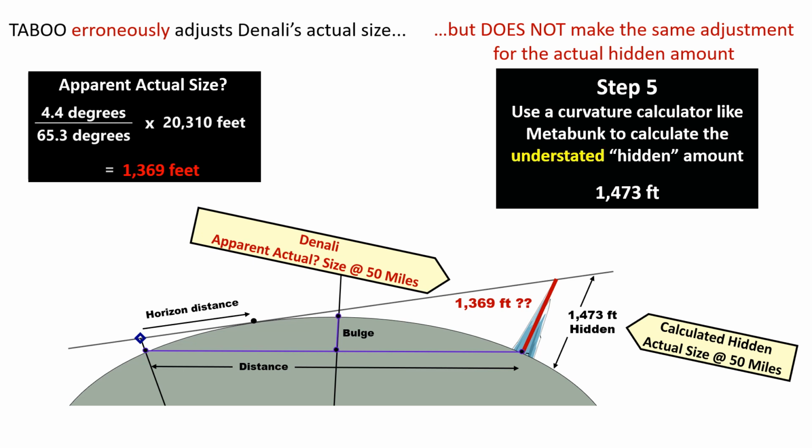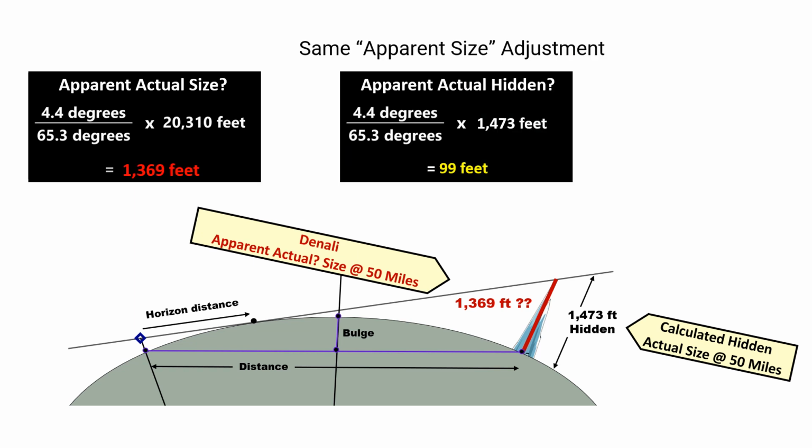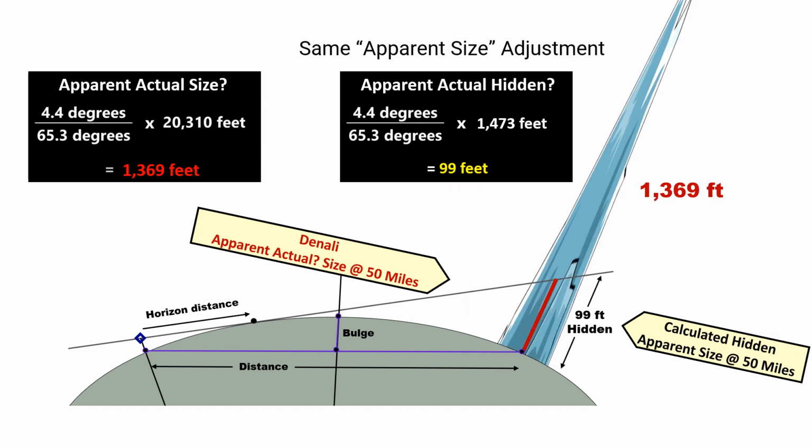In fact, he even calls this the understated hidden amount, and I find that quite ironic, because this is really the understated amount. And when we do make the same apparent size adjustment to the actual hidden, we get 99 feet, which of course destroys Taboo's narrative because now the top of Denali is visible.